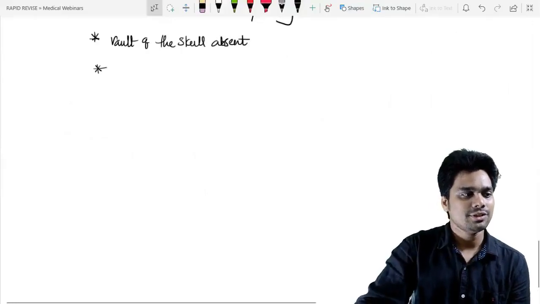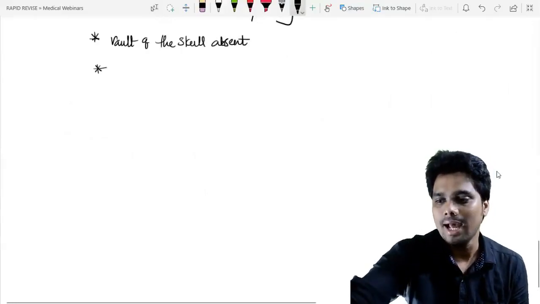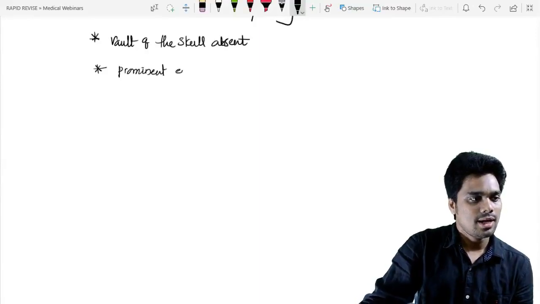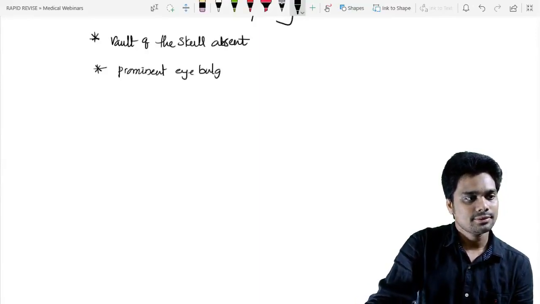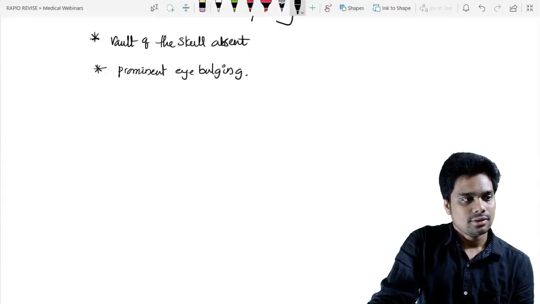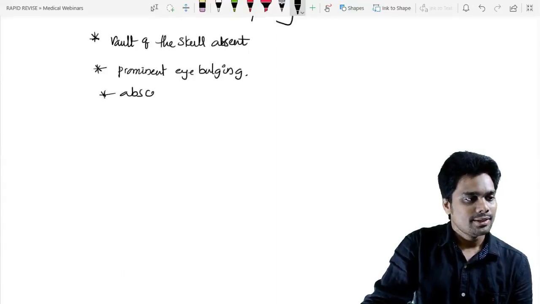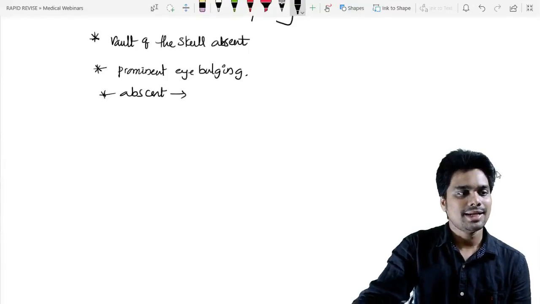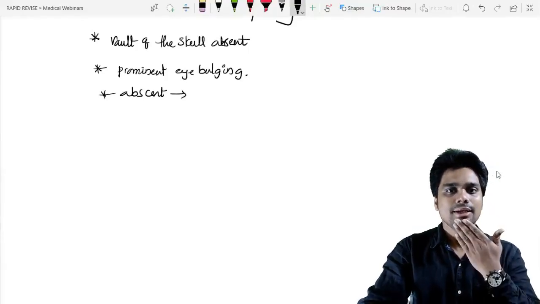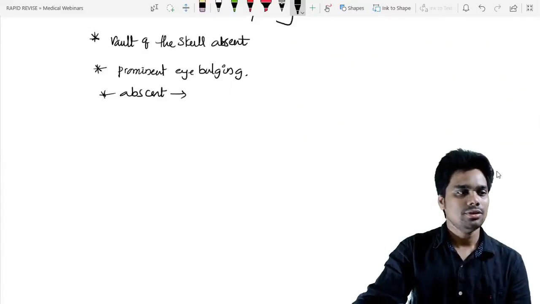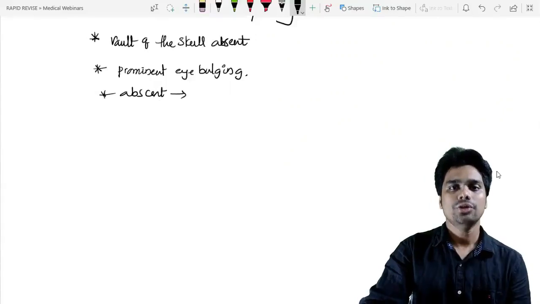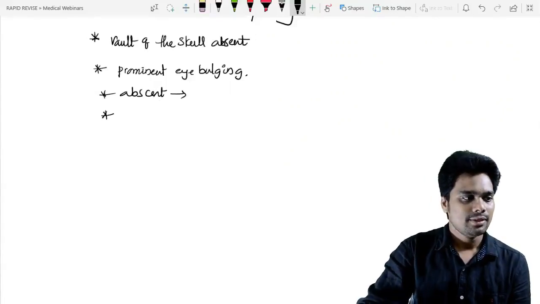The child has prominent eye bulging, and the neck is absent. Because of the absence of the neck, there is continuation of the mandible with the thorax. So there is a continuum of mandible or jaw with the thorax due to the absence of neck.